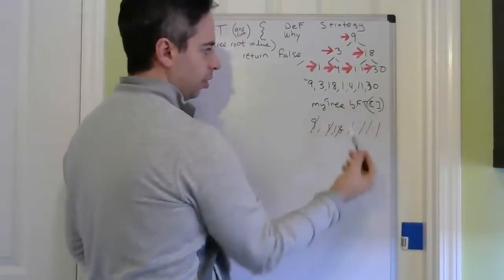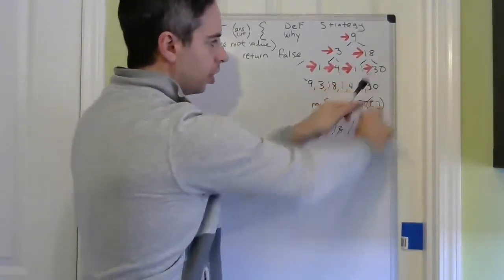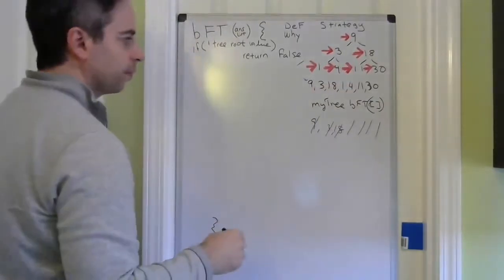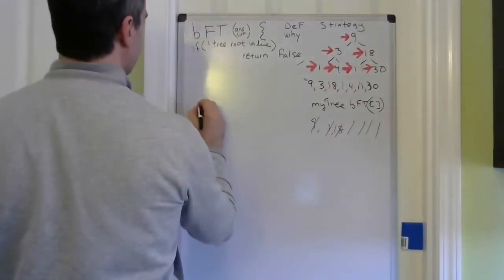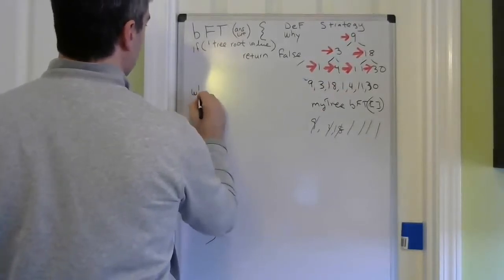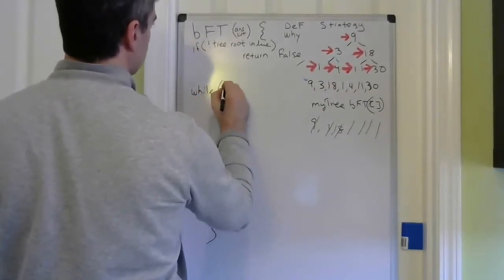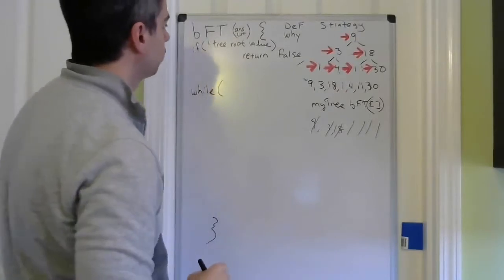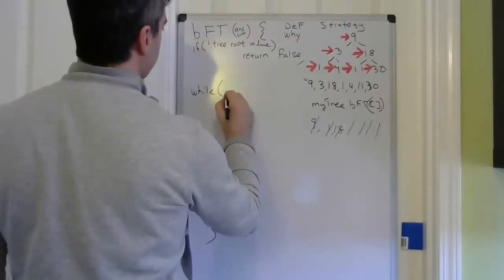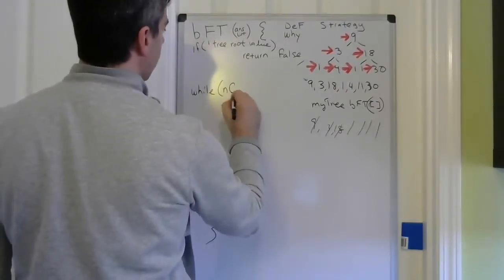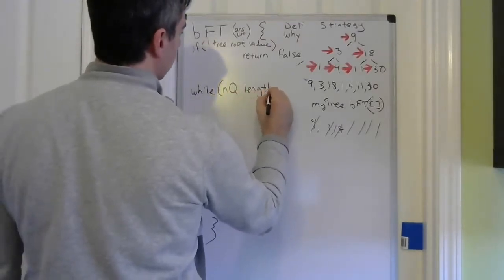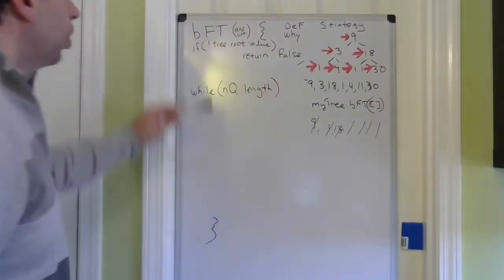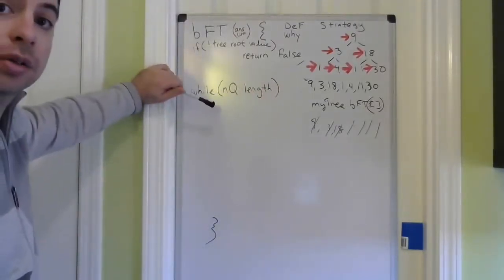And when I add the 11 and the 30 as children, eventually they come off, and then I have nothing left. So I know that I could say while, let's say, node queue, I'm going to say nq dot length. What does that mean? It means I also need to declare a node queue.